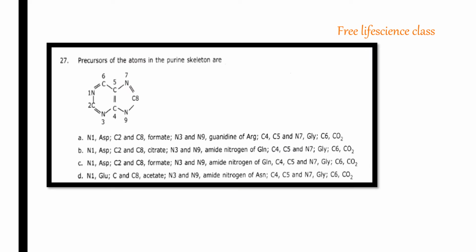Okay, first question is: precursors of the atoms in the purine skeleton are. Here you are provided a purine skeleton and you have to find the precursors. So from the options given, we want to choose the correct option.